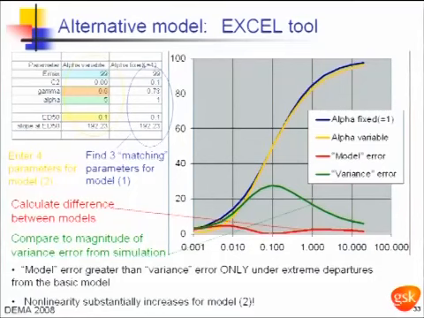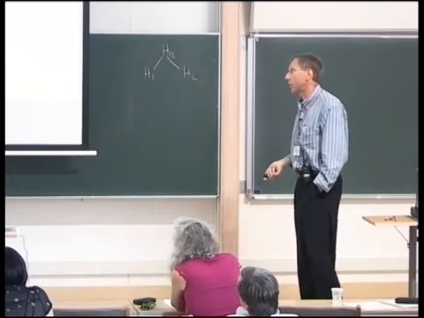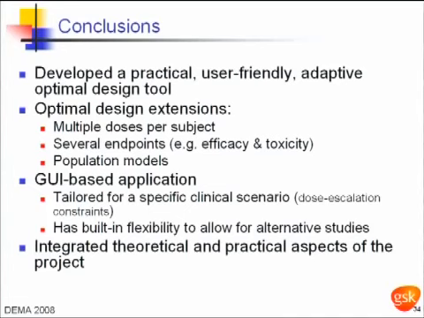So we decided that it makes absolutely no sense, especially having limited data, to have this more general model for our example. And the conclusion, again, I think the main conclusion is that we try to integrate theoretical and practical aspects of the project, and these tools are currently under development, similar tools for other studies and other models.